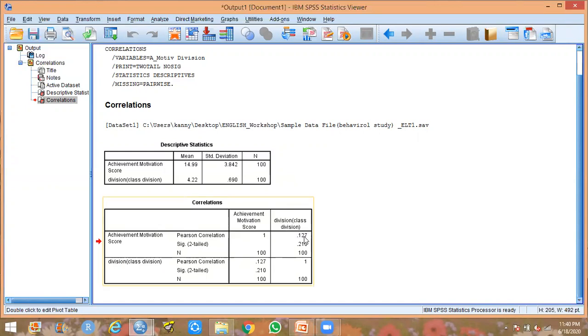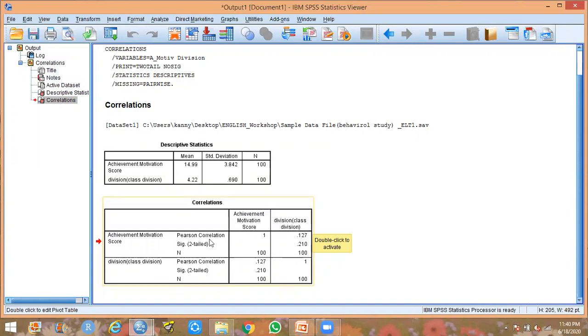What is the relation? You see that is 0.127. It is very less because you know very well the correlation coefficient is between -1 to +1. So this is positive, between 0 and 1, but it is very less. Just see whether this value is effective or not, meaning whether the value is significant or not.